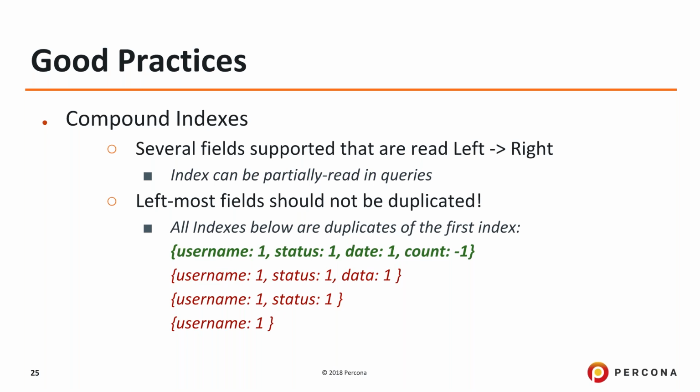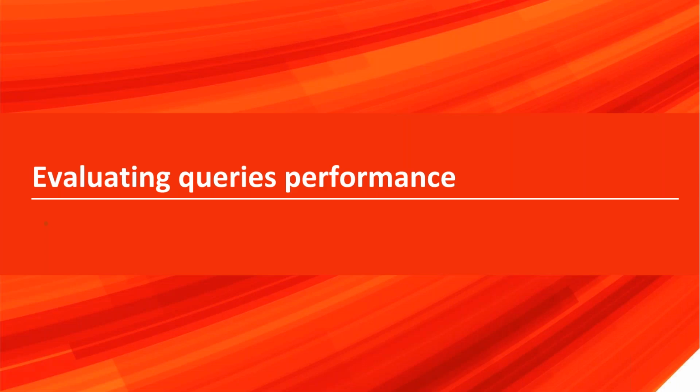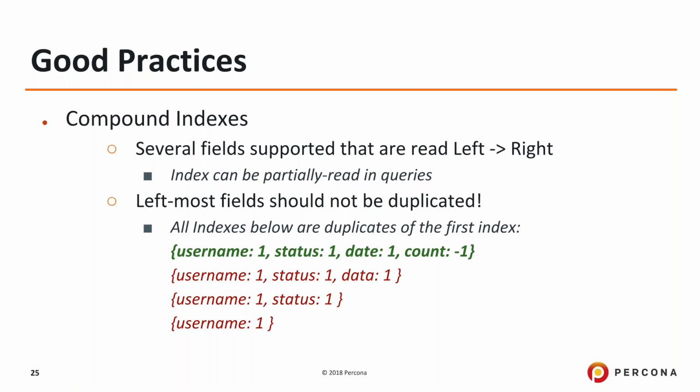All of those would be duplicates because Mongo could just chop the first index left to right whenever it needed to get username, status, or date, also all 3 in combination, but spelling mistake, of course. So that's an important one.